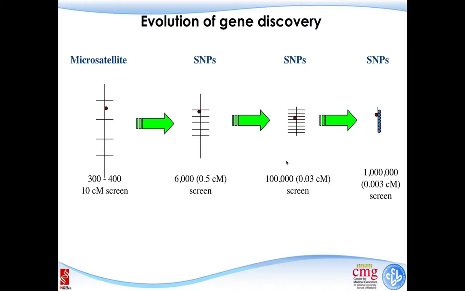There are 300 to 400 of those markers across the genome. But even based on those very low resolution markers, we were still able to identify a lot of important genetic regions that are specific to certain diseases.